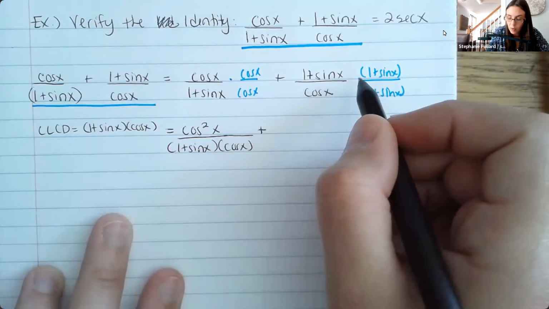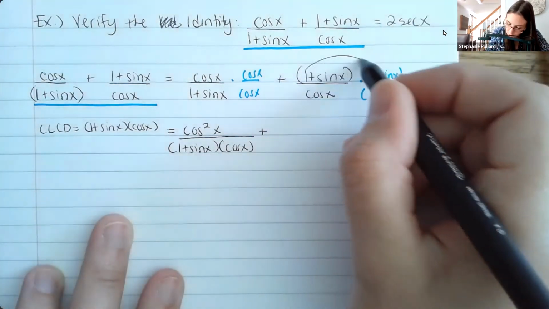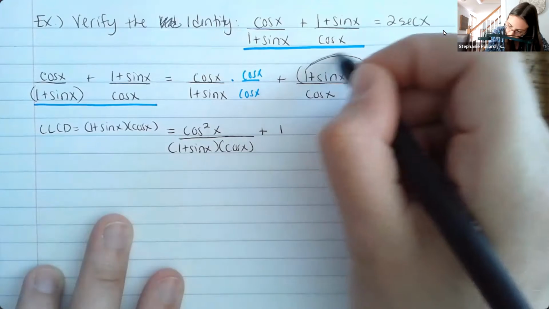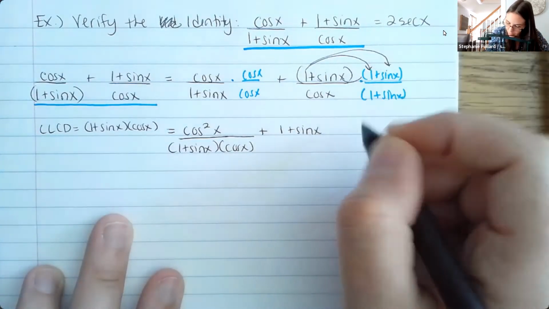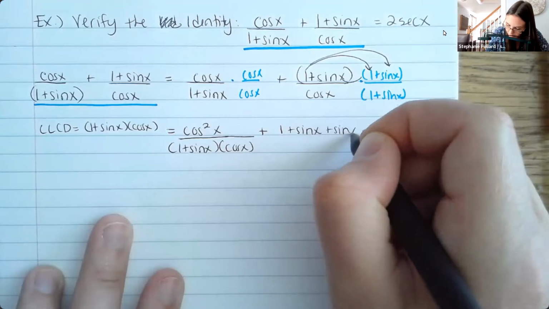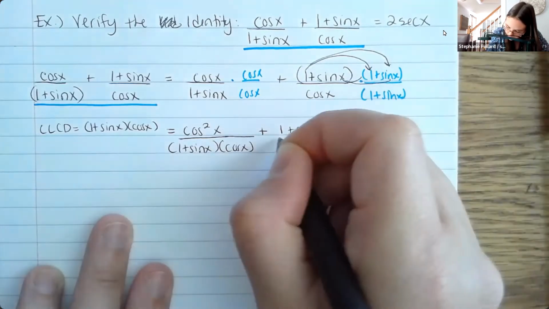Now here, you want to be careful. You actually have a little bit of distributing to do. So 1 times 1 is 1. 1 times sine x is sine x. On the inside, 1 times sine x is sine x. And then sine times sine is sine squared, so sine squared x.